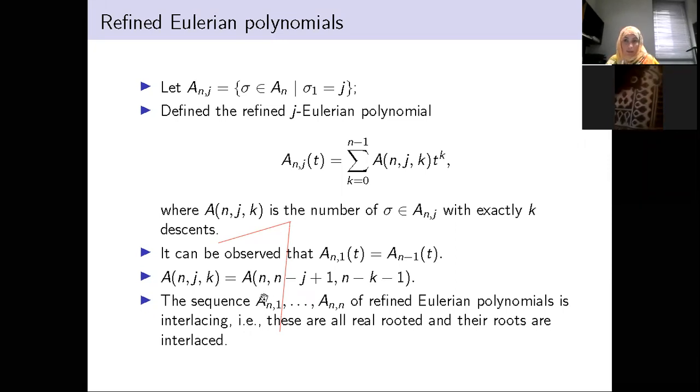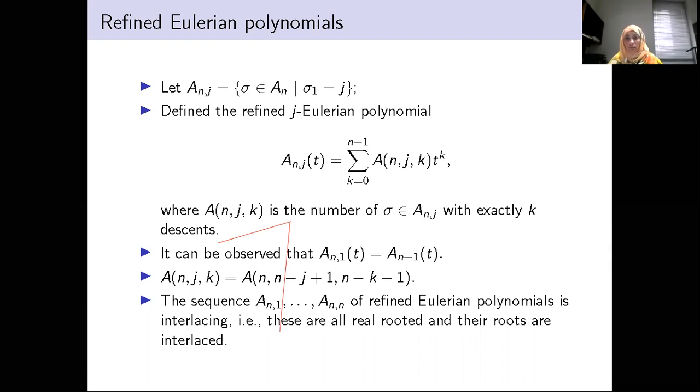Let's call these the alpha i's and these the beta i's. If I take the order alpha 1, beta 1, then alpha 2, beta 2, alpha 3, beta 3, and so on, this kind of relation is called interlacing. This means that between any two real roots there must be one root from the other polynomial, and similarly this is true for the other polynomial as well, right?